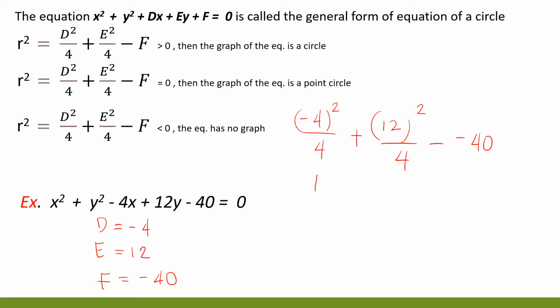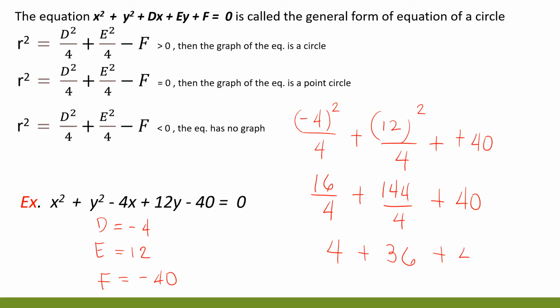Negative 4 squared is 16 over 4, while 12 squared is 144 over 4. Minus negative 40 means what? Positive. So plus 40. 16 over 4 is 4. 144 divided by 4 again is 36.